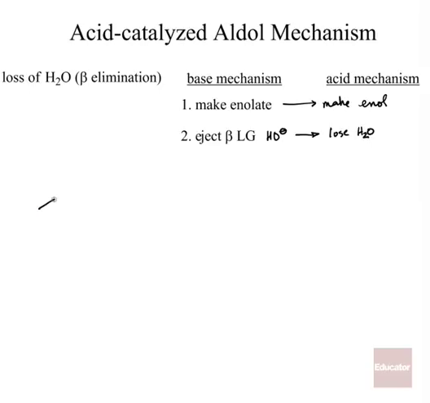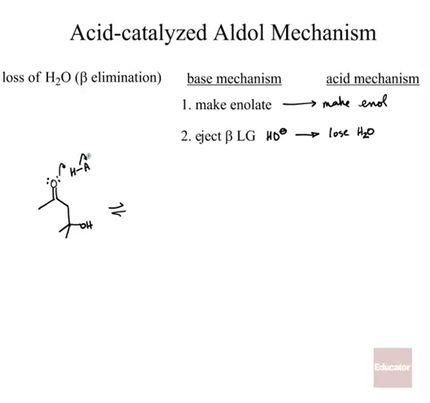So we're going to start with our aldol product. We want to lose water from this. So the first thing we need to do is we need to convert this to the enol. How do we make the enol? Two-step tautomerization mechanism, two steps. First we protonate.